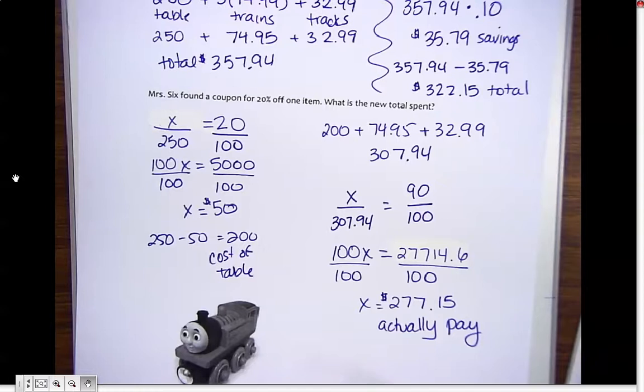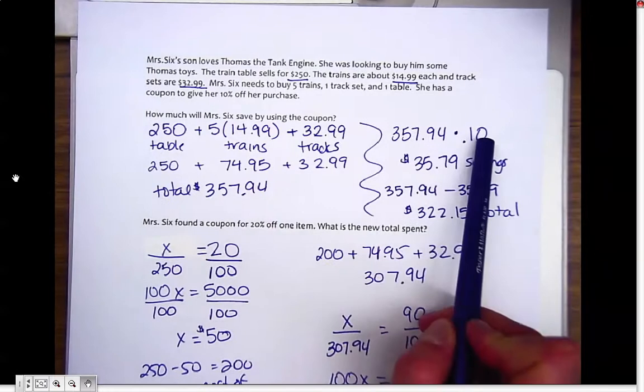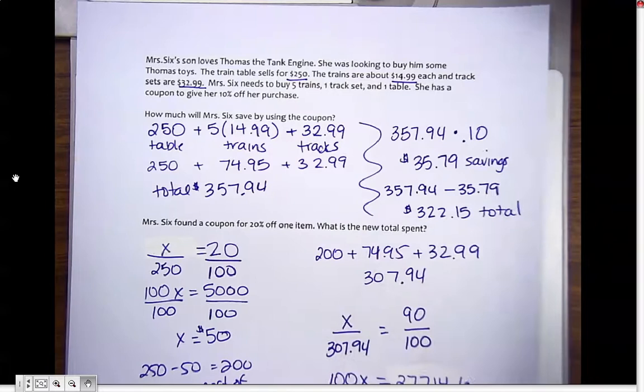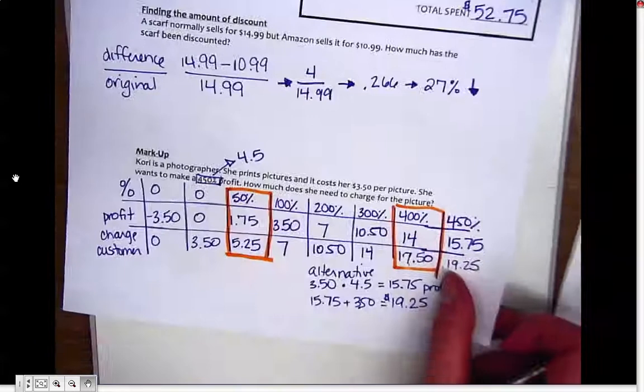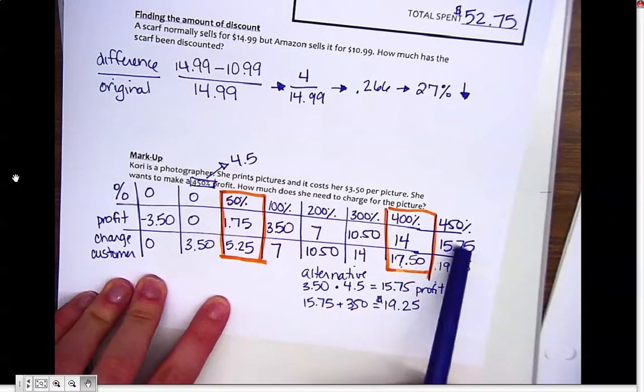We have set up equations where we're multiplying by the decimal form of our percent. And then on the previous page, we set up ratio tables, where once we found out various percents, we can add across in our ratio table.